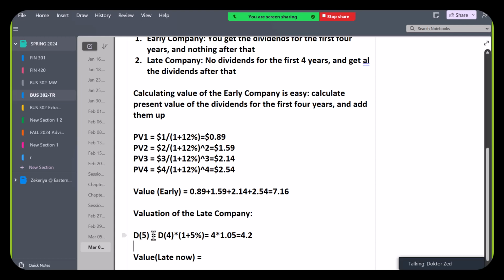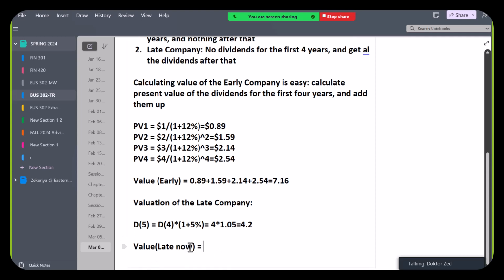What's the role of dividend 5? As of 2028, that is the next dividend, right? So if you have a company that's going to pay a dividend and grow the dividends at 5% a year, the value of that company 4 years from now, we know how to handle that.